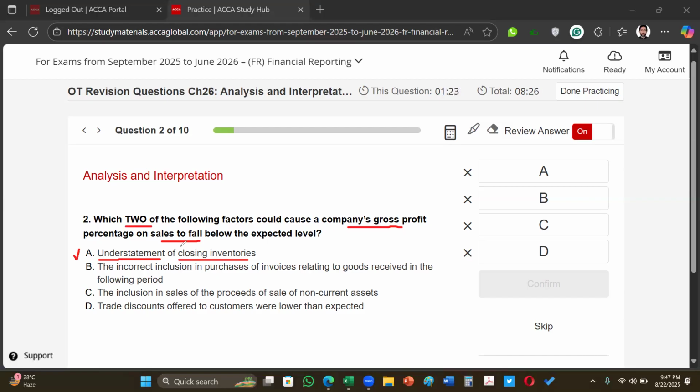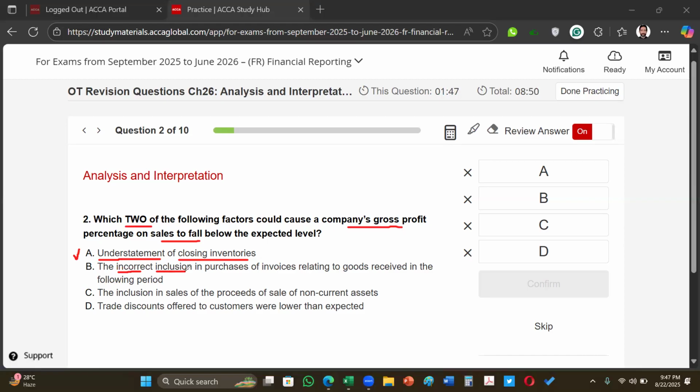The second option is the incorrect inclusion in purchases of invoices relating to goods received in the following period. We have not received any products. We received them in the next period, but we recorded them in the current period. We incorrectly included them in the current year, so that would increase the cost of sales.